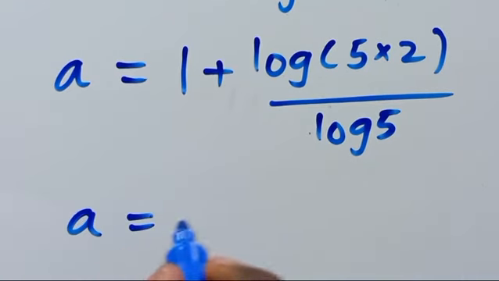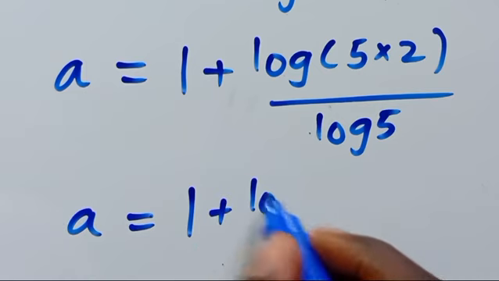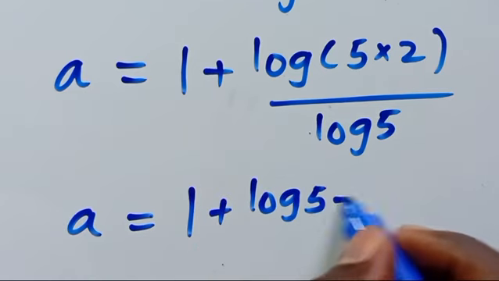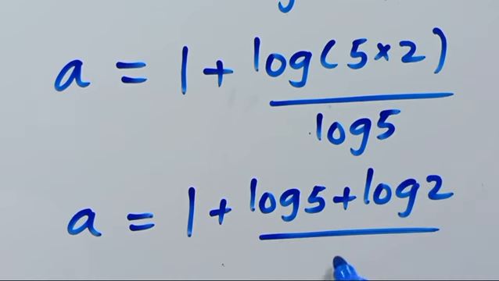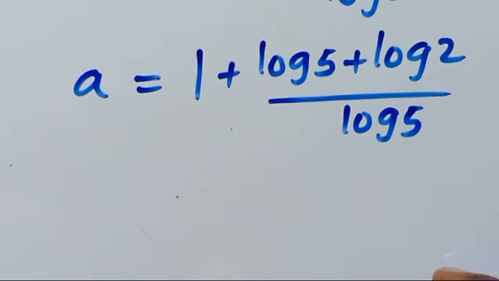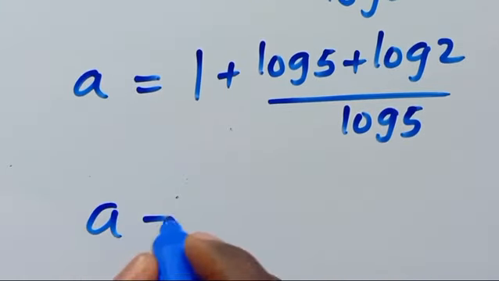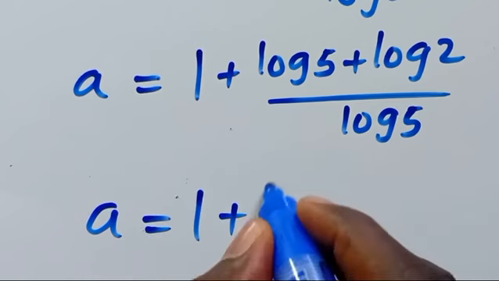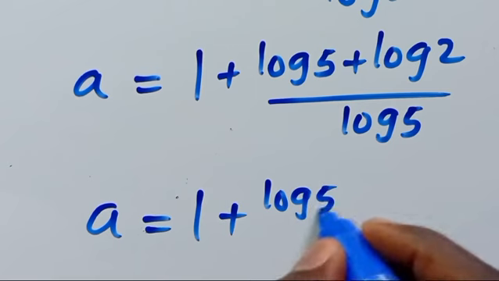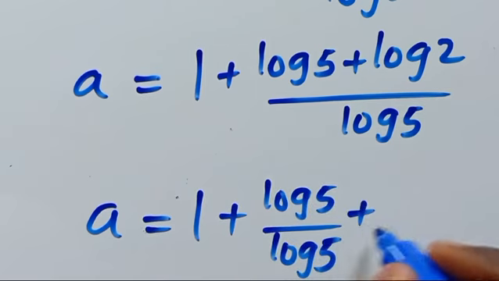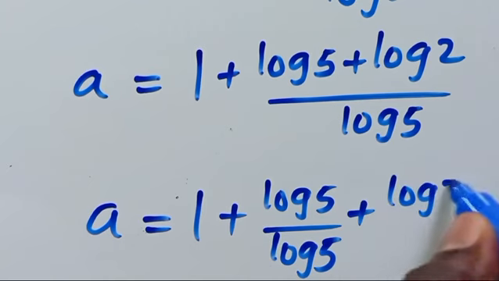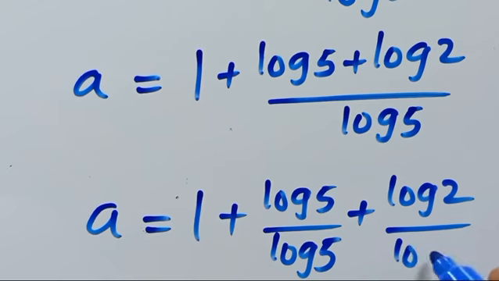A will be equals 1 plus log 5 plus log 2 divided by log 5. Then a will be equals 1 plus log 5 divided by log 5 plus log 2 divided by log 5.